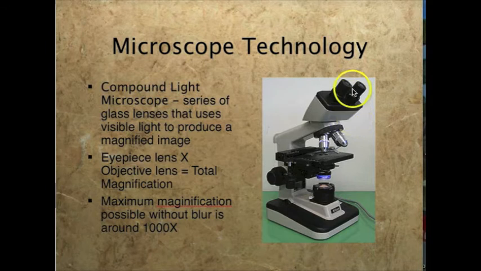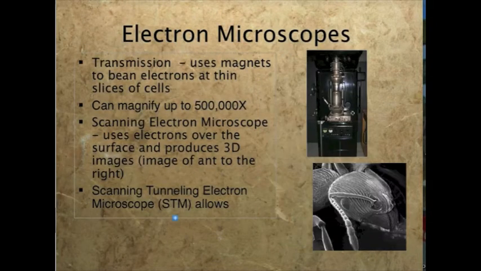The eyepiece, which are the lenses that you look through at the top of the microscope, times the objective lenses is going to be the amount of total magnification. The maximum amount of magnification without blur is 1,000 times. And that's what that 1000x means.